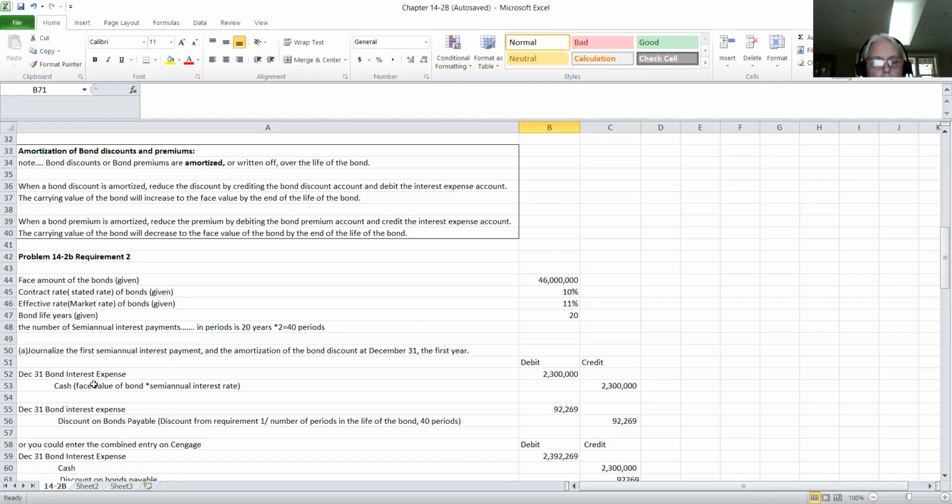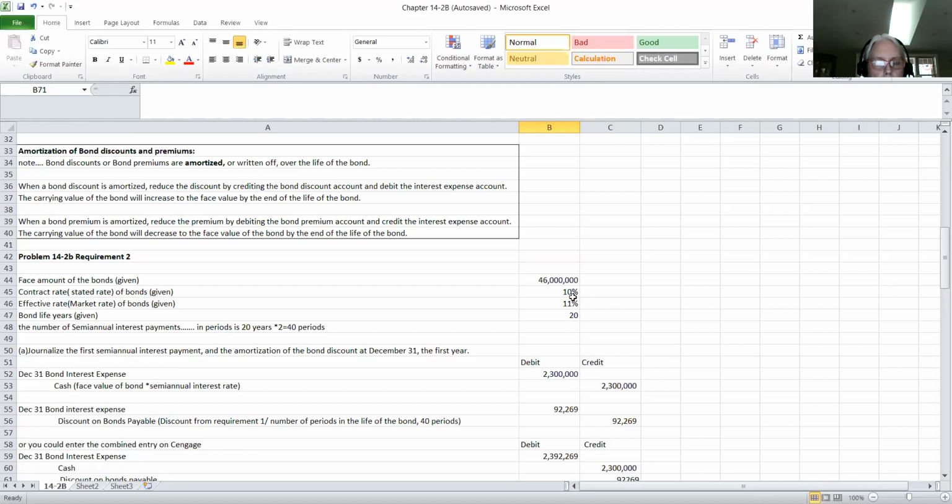Notice the bond interest expense is going to be debited for the interest payment because our expenses are increasing. We're going to debit them for the amount of $2,300,000. The way I got that $2,300,000 is I took the face value of the bonds and multiplied it by the contract rate of interest.